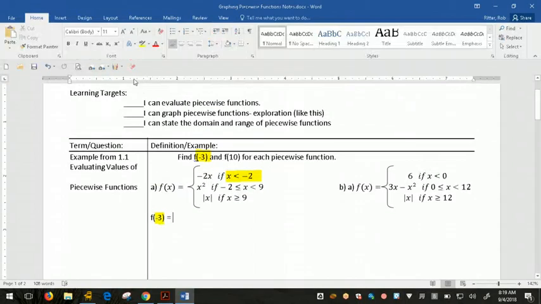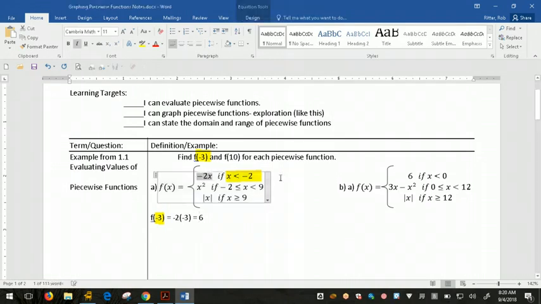So for f of negative 3, I need to do the opposite of 2 times negative 3, which is 6. So I use the top function because that's the interval of domain that I use, x is less than negative 2, for this number. Now, if I'm doing f of 10, well, the middle function has a domain between negative 2 up to 9.